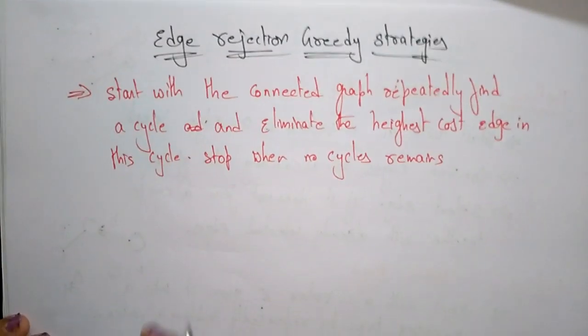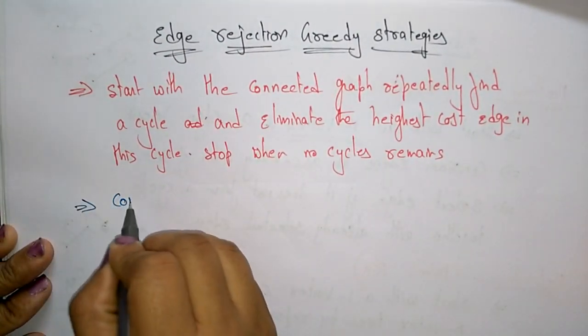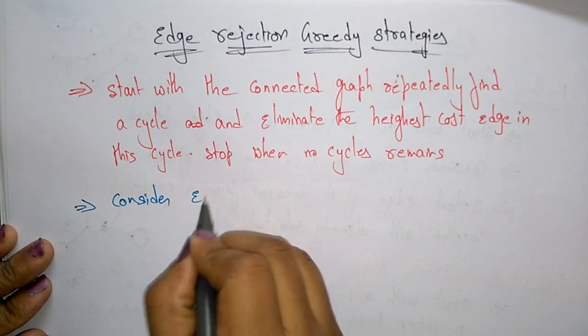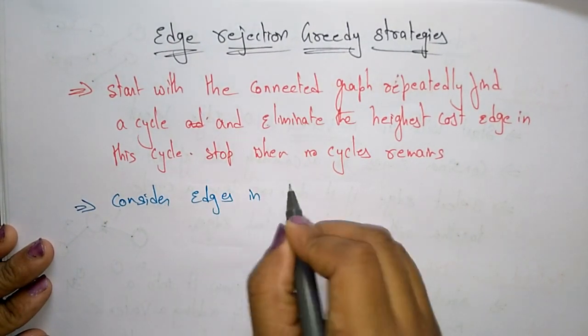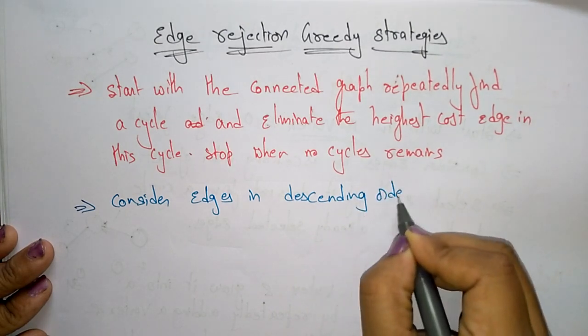The next method is to consider edges in descending order. So here you select the edges in descending order of cost.